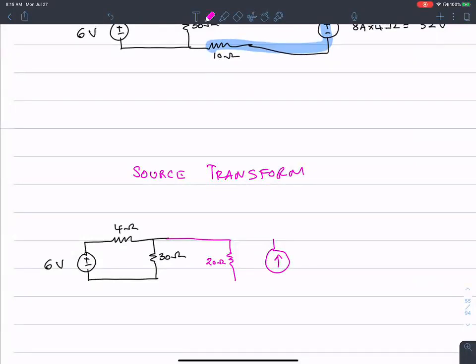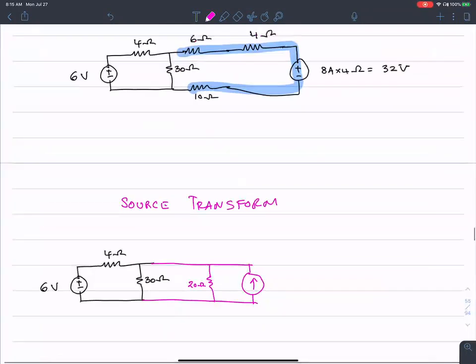And the value of this current source is going to be 32 volts divided by 20 ohms. So the current I is going to be 32 over 20, which gives me 1.6 amperes.